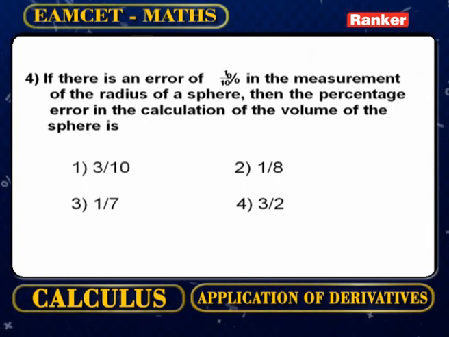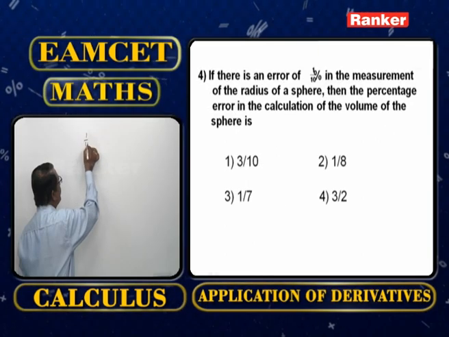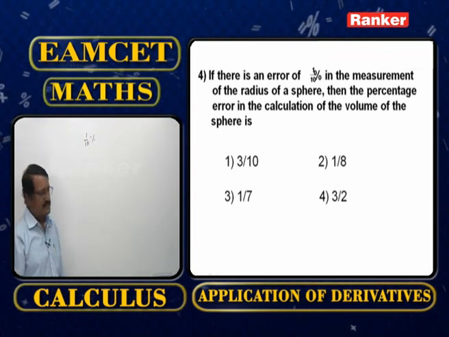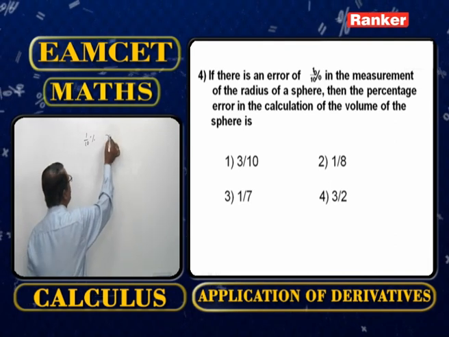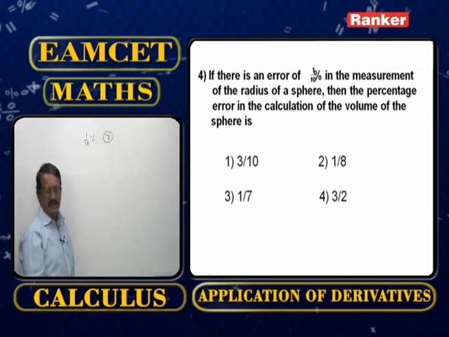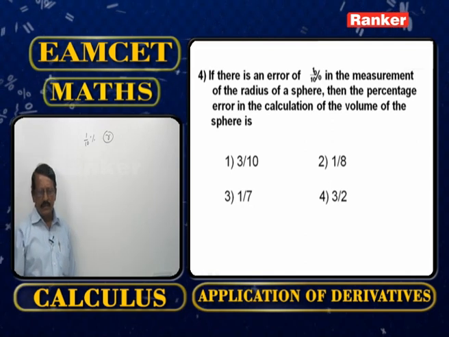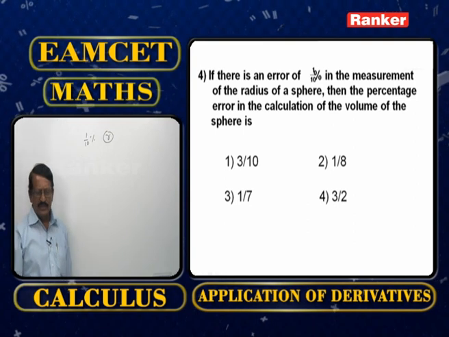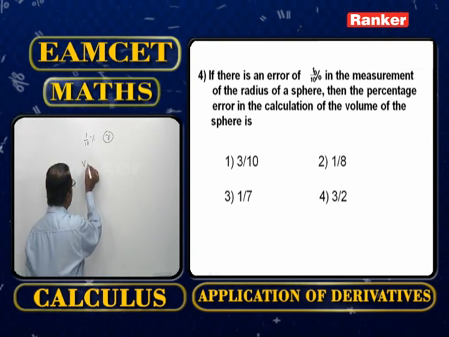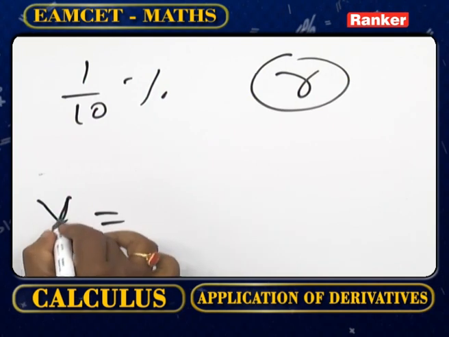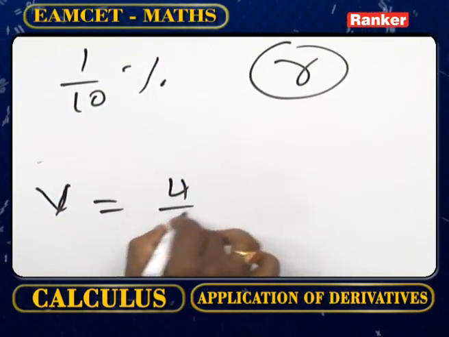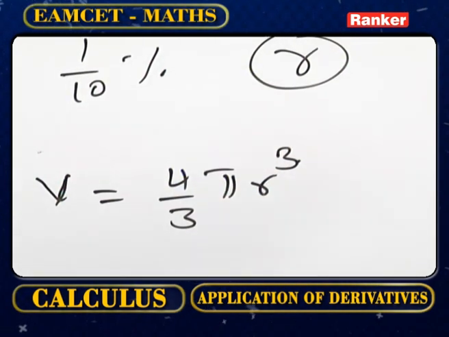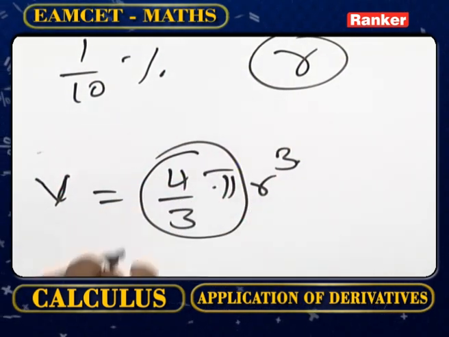If there is an error of 1 by 10 percent in measuring the radius of a sphere, then find the percentage error in the calculation of the volume of the sphere. Now volume of the sphere equals 4 by 3 pi r cube. Here 4 by 3 pi is completely constant.